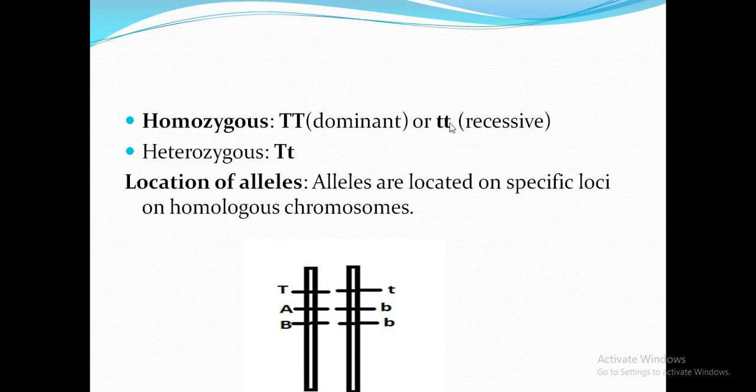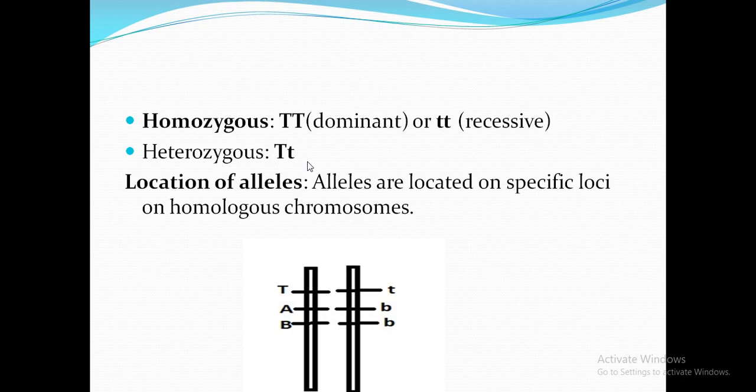Or if the allele pair contains both the recessive alleles, then we use the word homozygous recessive. When the alleles for a particular character are dissimilar, here you can see one is a dominant allele, another is a recessive allele, we use the word heterozygous. So when the alleles are similar, homozygous; when the alleles are dissimilar, then we use the word heterozygous.